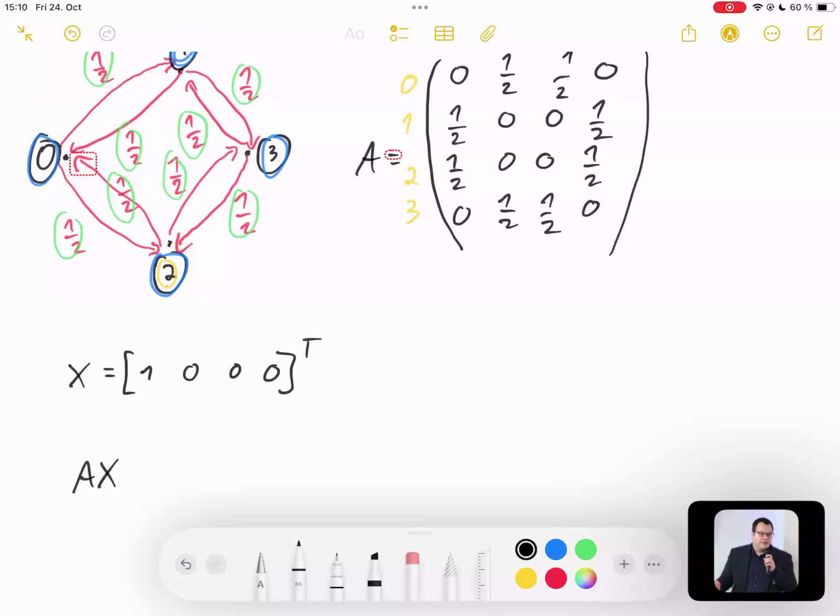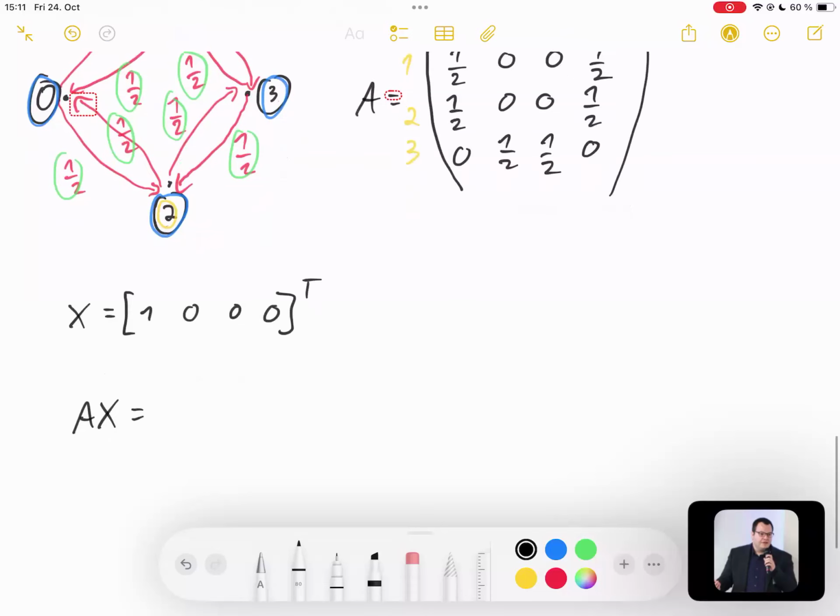So we take our state X and multiply it from the right with A. I will not copy and paste the whole matrix A again and X, but rather I want to know from you, what do I get when I multiply X from the right with A? We can write this as a row vector just to keep space.